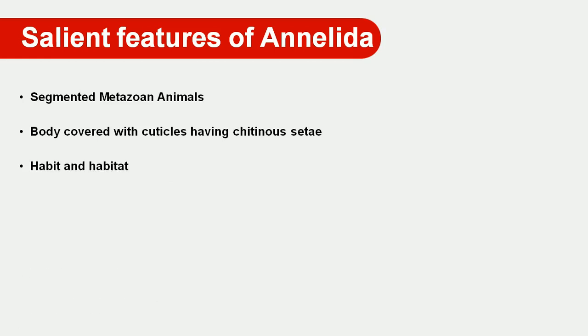What is the habitat of this phylum Annelida? Mostly the animals are found in the marine environment. Some Annelida are found in fresh water, and some are free living or parasitic in mode of life.